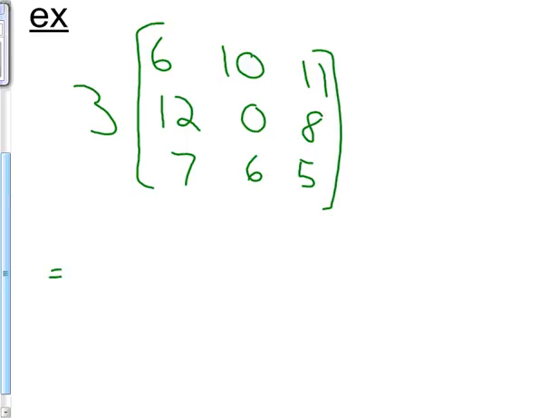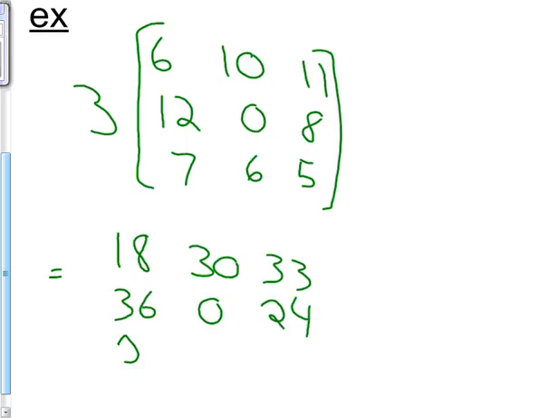So when we multiply that out, what do we get? Multiply that 3 right into the matrix. Questions about that?